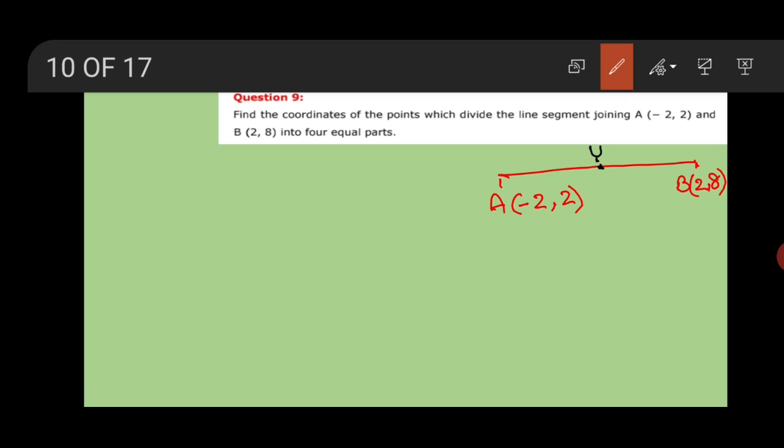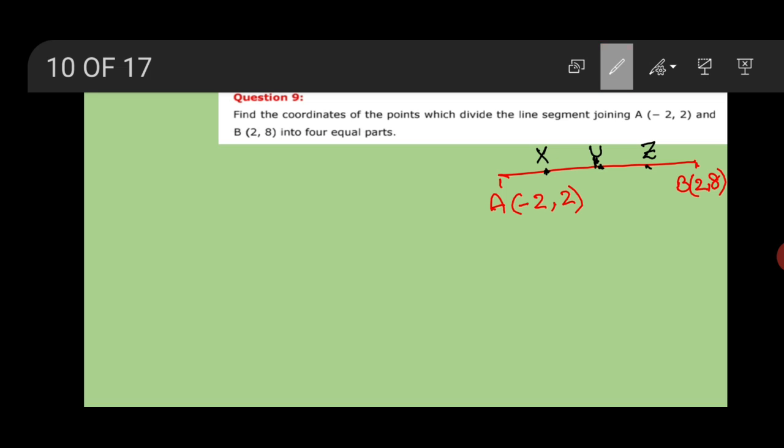Point y. Now this point will divide the line segment into 2 equal parts, but in the question it is divided into 4 equal parts, so I need 2 more points. Let it be x, y, z. Now this line segment is divided equally into 4 parts.